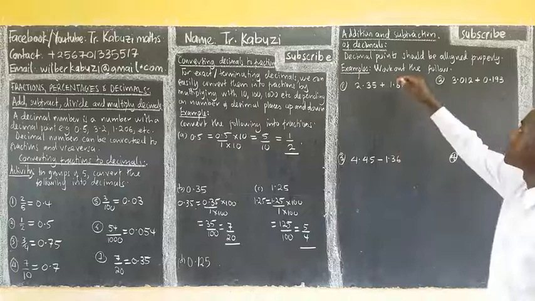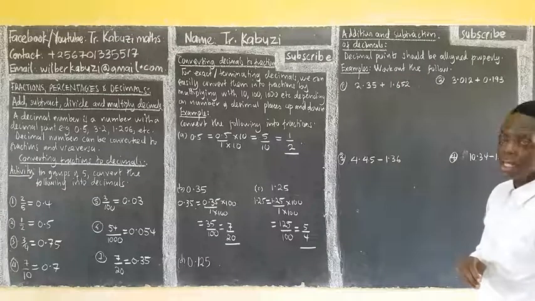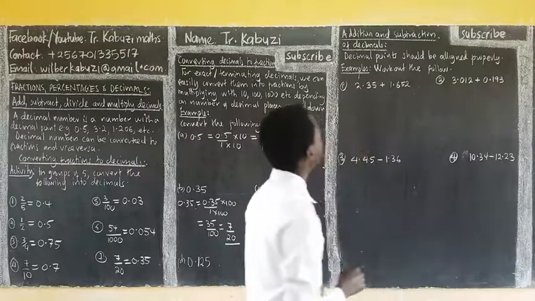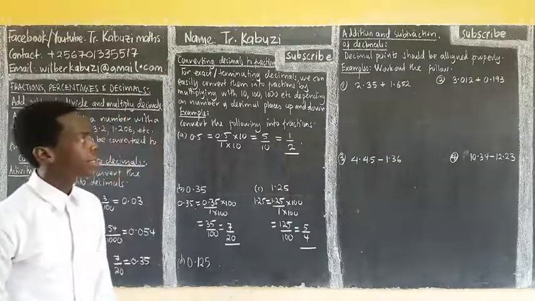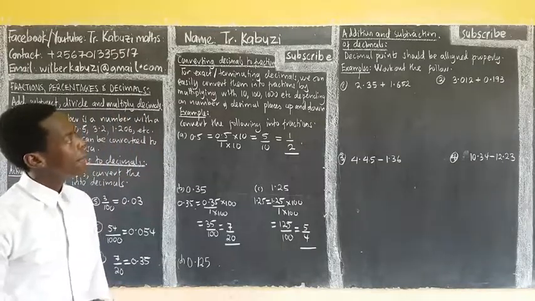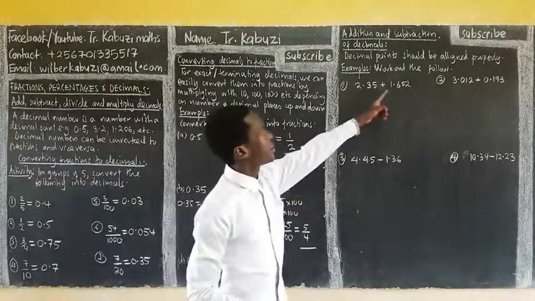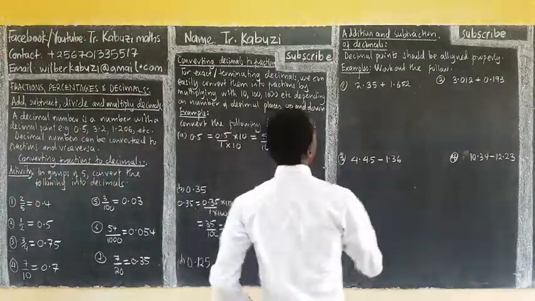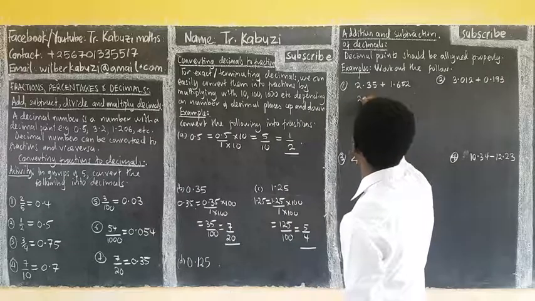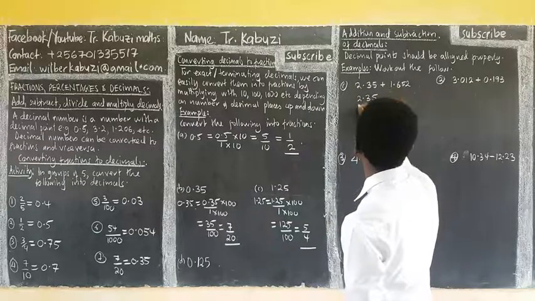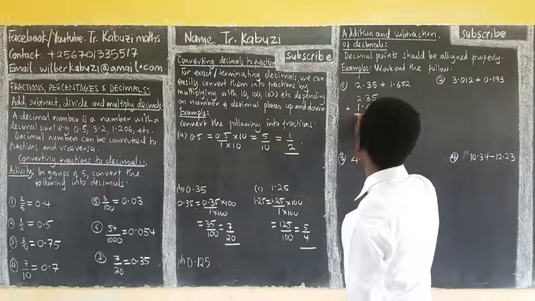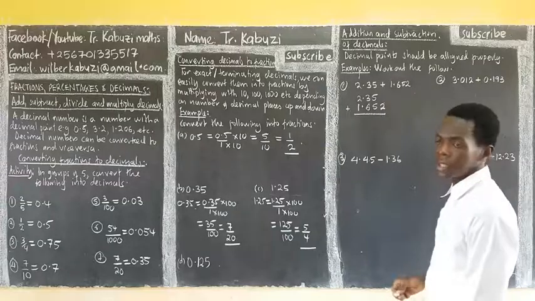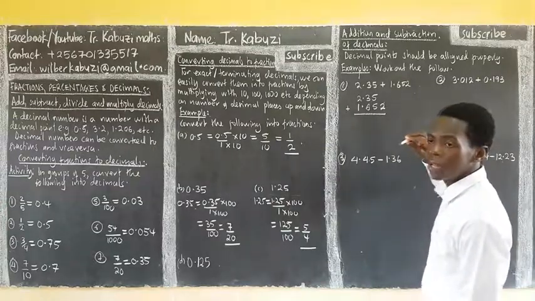Okay, from there let us see how we add and subtract decimals. The only thing we need here is that the decimal points should be aligned vertically. When you align them, then the rest is okay. We add normally. So we are adding this plus this. Now we use our simplest method. We get 0.35, then we put the point with the point, then 6, 5, 2. Then here this one is missing a place, so what do we do there?